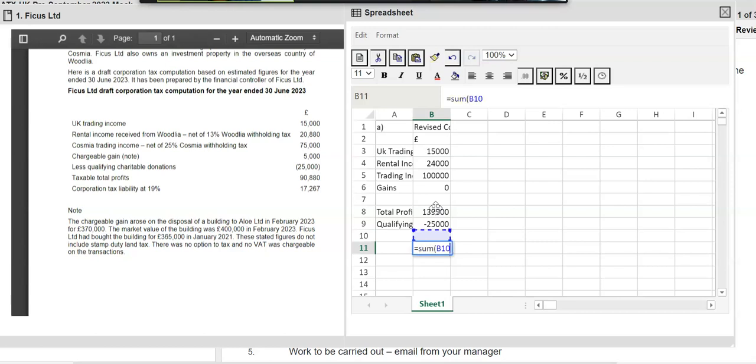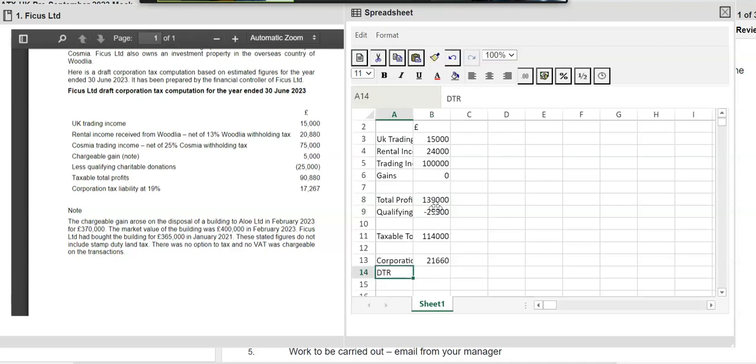And if you deduct it, that will be your taxable total profit. You have to calculate the corporation tax. That will be this times 0.19. So that is 21660. Now from this 21660, you have to deduct the DTR.